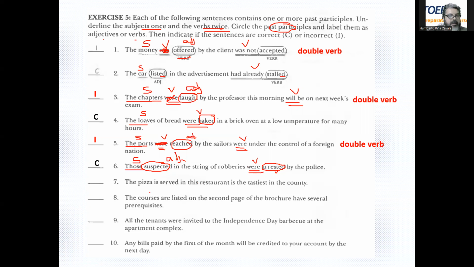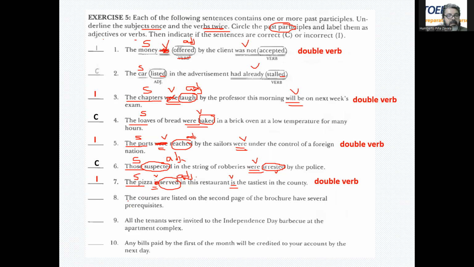Okay. The pizza that is served in this restaurant is the tastiest in the country. Subject, we've got a verb, we've got another verb, and that makes it incorrect, right? Because we have a double verb. So if we eliminate this, then we have a nice adjective: pizza served in this restaurant is the tastiest in the country.